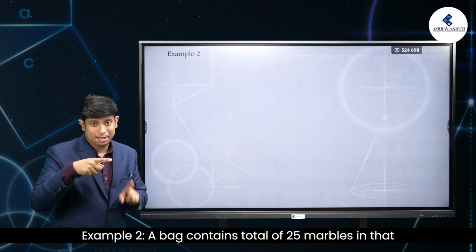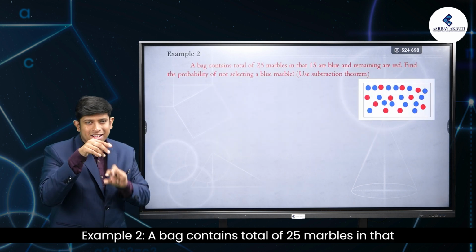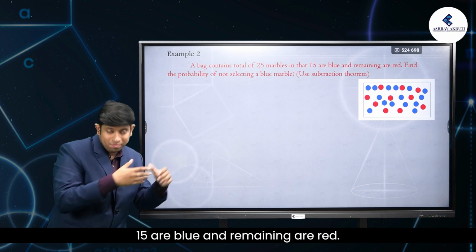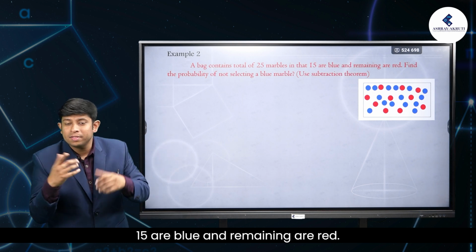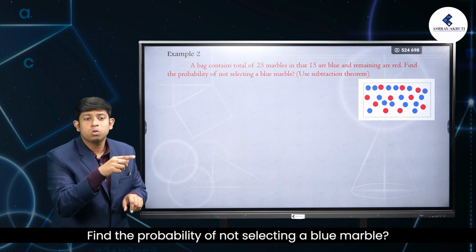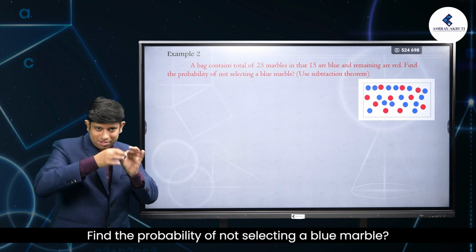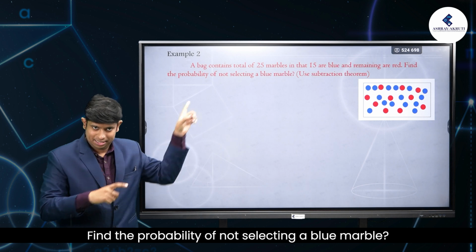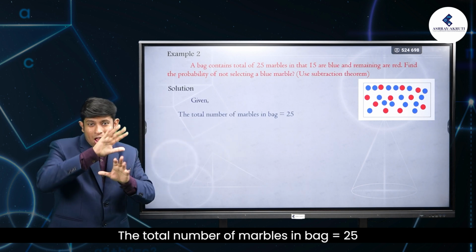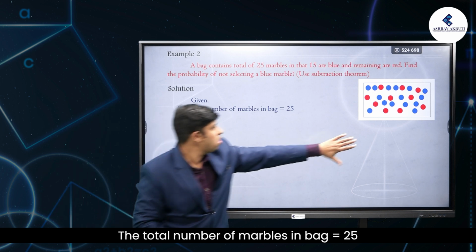Example 2. A bag contains a total of 25 marbles. In that, 15 are blue and the remaining are red. Find the probability of not selecting a blue marble. Solution. Given total number of marbles in bag is equal to 25.